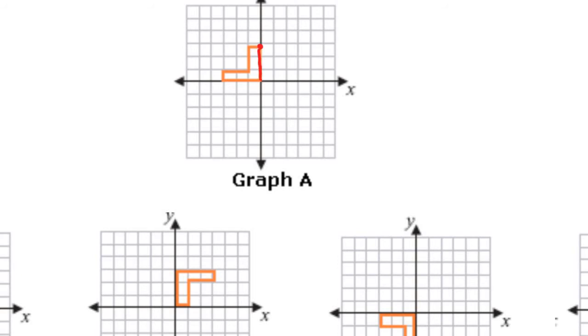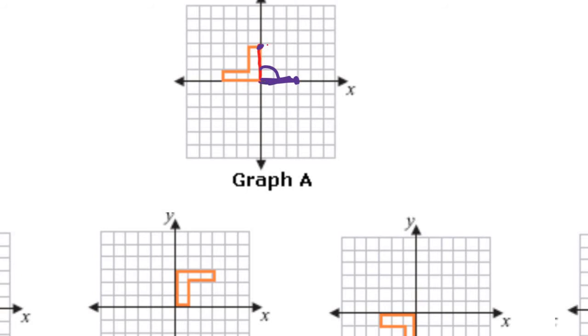Then imagine that we move it 90 degrees clockwise. It's going to land over here. Let me draw it in another color. So this point comes over here, because it's a 90 degree rotation.